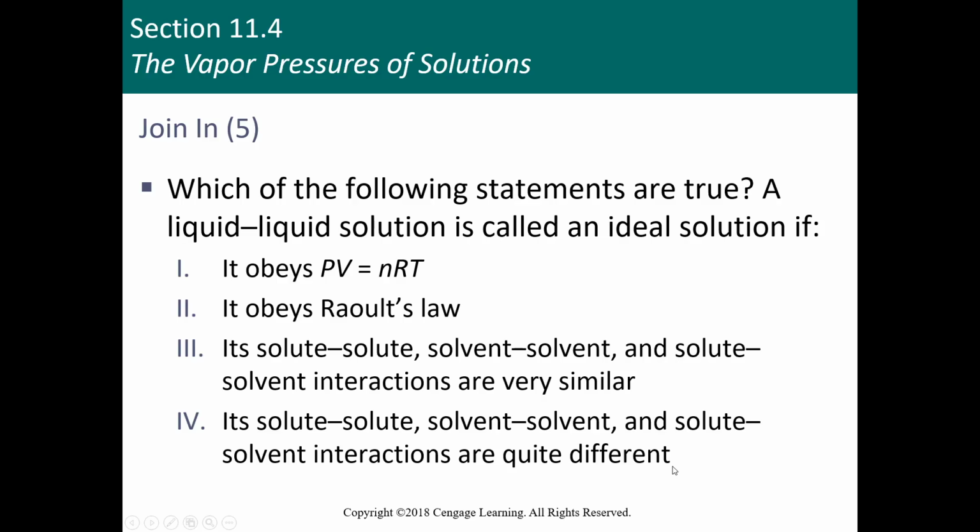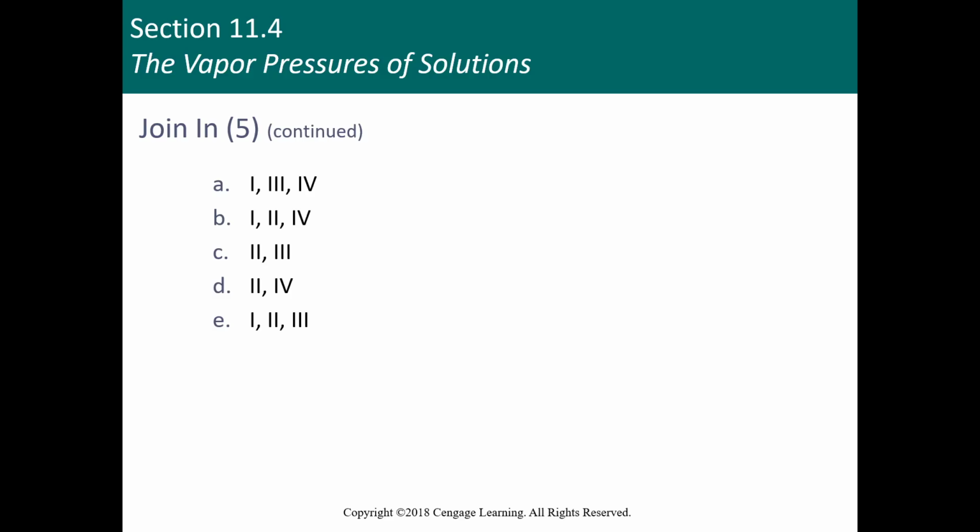Well, if they're very different, then if you mix them together, it's either going to be much easier or much harder for the interactions to be broken, and thus you'll have a very different vapor pressure, a very different evaporation. All right, so which one is it? Well, it is the 2 and 3, the ones in the middle.